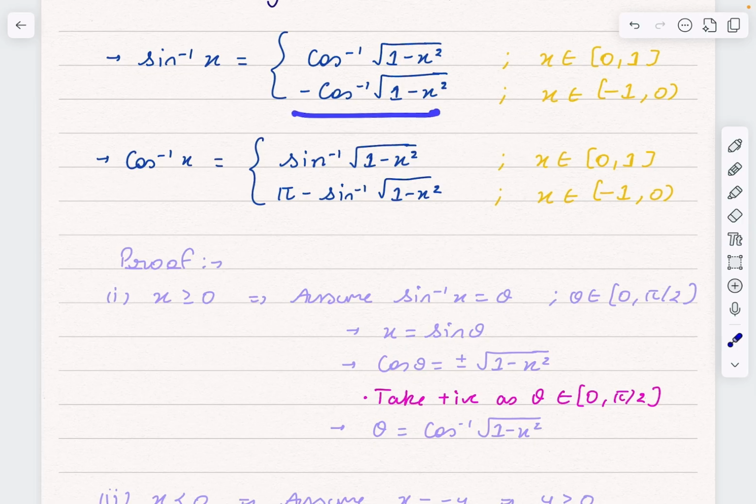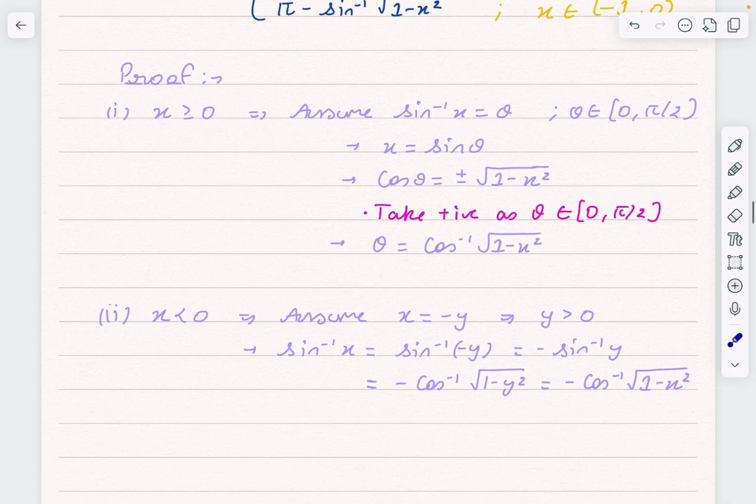Second one, negative numbers, almost the same thing. When x is less than 0, assume x to be minus y, so y will be positive now. So sine inverse x we can write as sine inverse of minus y, which we can write as minus sine inverse y. And sine inverse y, when y is positive, we can write as cos inverse of root 1 minus y square. We have proved that in the first part.